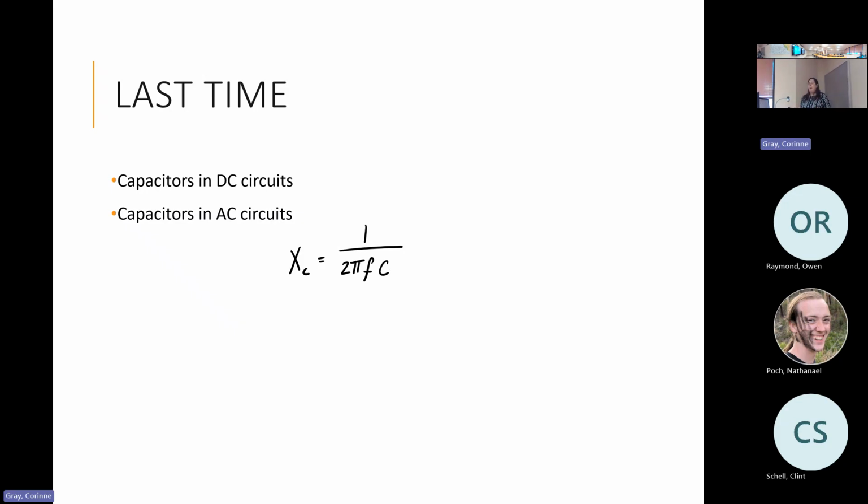This reactance tells us how the capacitor is going to basically resist the change in the voltage across that capacitor as time progresses. Are there any questions about capacitors in circuits?